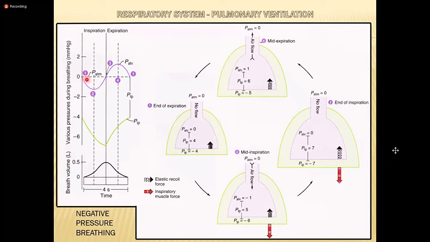And then when there is inspiration, you inhale, what happens to the pressure? We'll start with the end of expiration, so there is no flow. The pressure in the atmosphere is 0. In the alveolus, it is also 0. The transpulmonary pressure is 0, and the intrapleural pressure is -0.